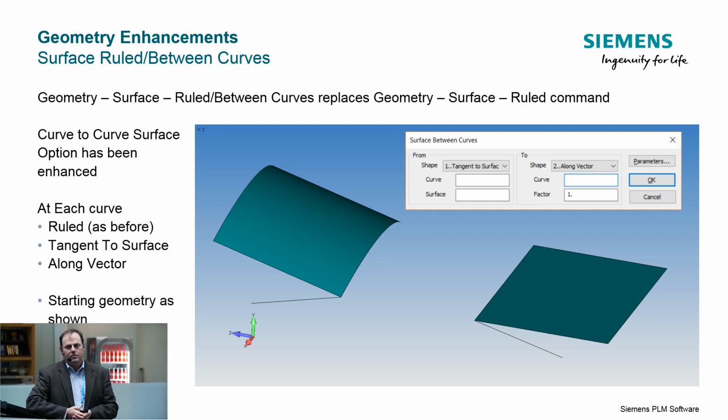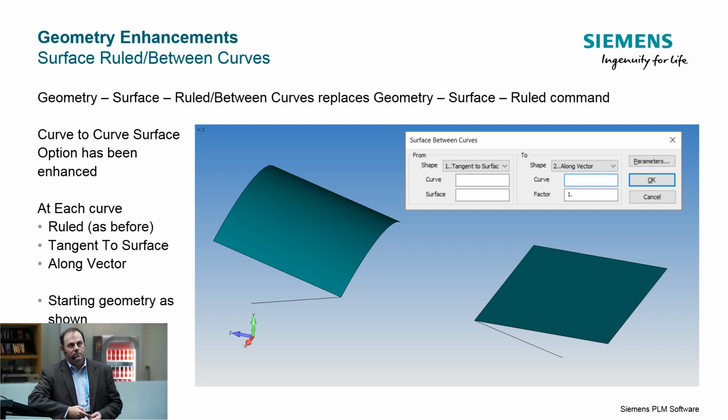So we added some options for if you wanted the beginning of the new surface to be tangent to a surface, or tangent to a specified vector.